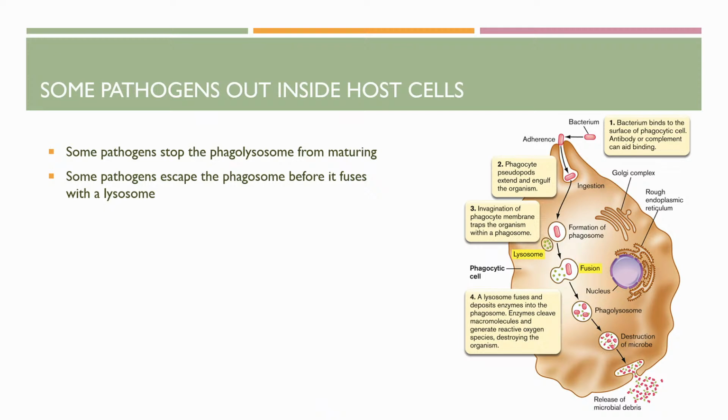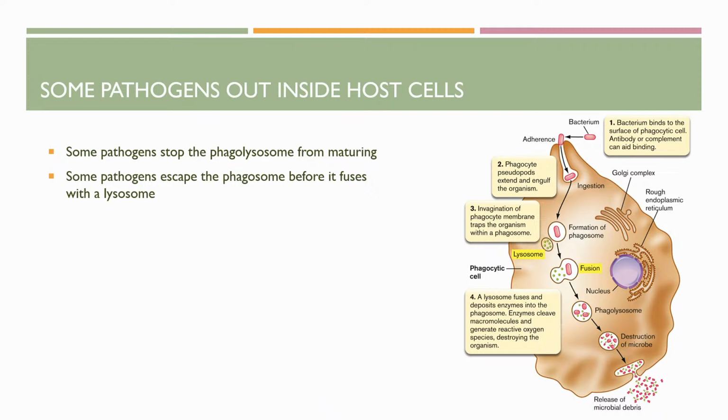But essentially what's happening here, remember we talked about the phagocytosis process. You have a bacteria, it gets engulfed and ingested by a phagocytic cell, and so it turns into a phagosome. Then the lysosome, with its degradative enzymes, fuses with the phagosome to make a phagolysosome, and that then destroys the microbe.